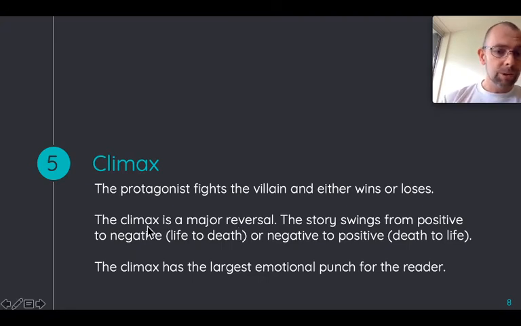Now, the key thing for the climax is that there is a major reversal. The story swings from positive to negative. So, for example, from life to death, or negative to positive, from death to life. Just as examples, these could be anything.